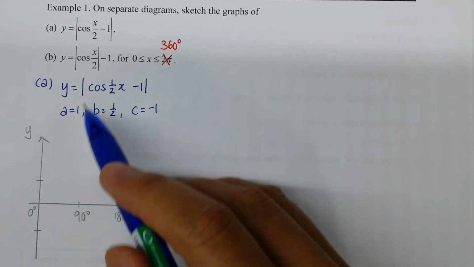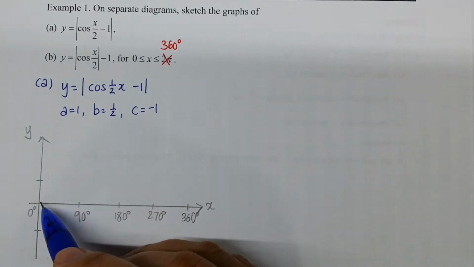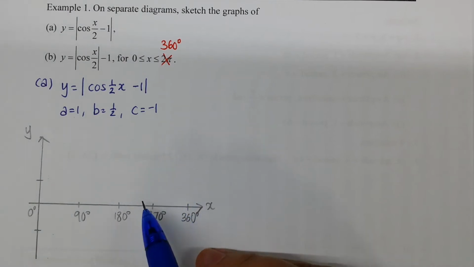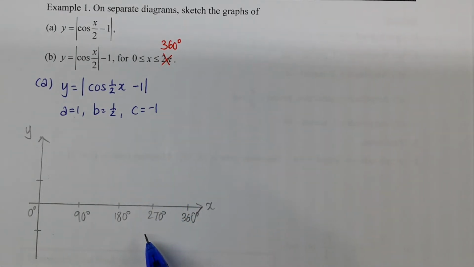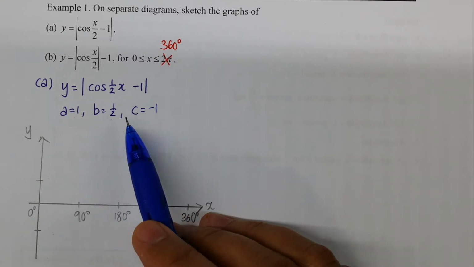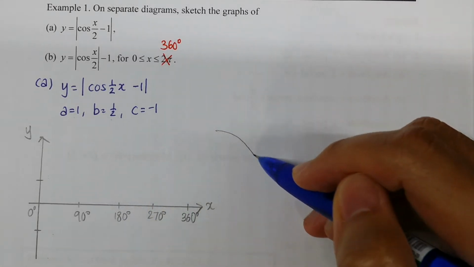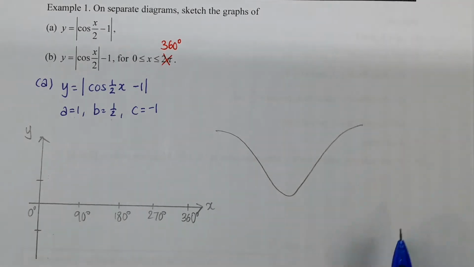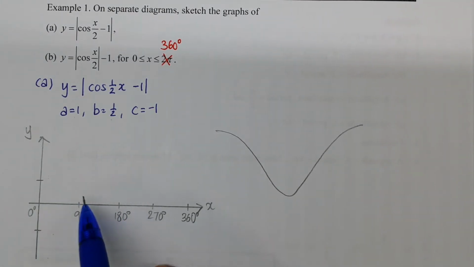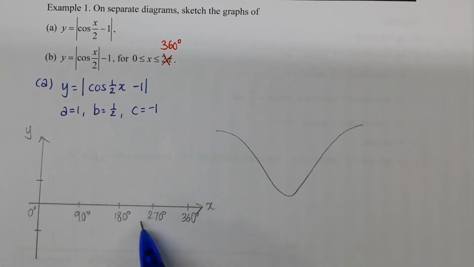Cosine x over 2. How many cycles will there be in 360? Half a cycle in 360. How does half a cycle look like? One cycle looks like this, right? So half a cycle is downwards looking, and probably ends up here.